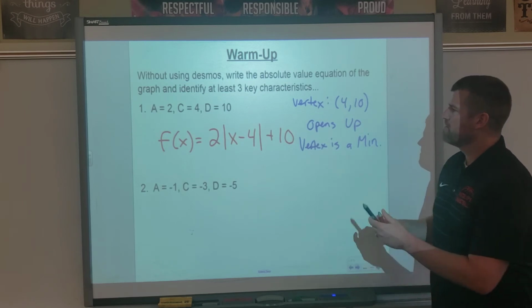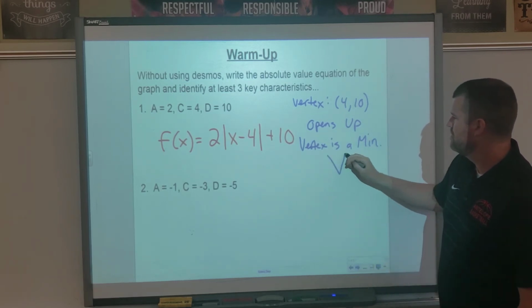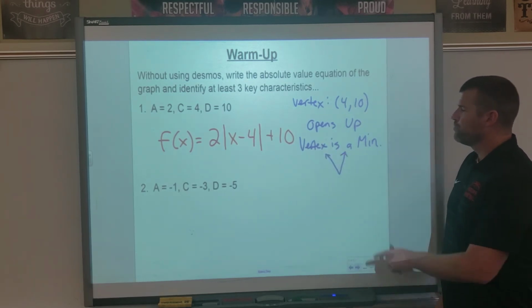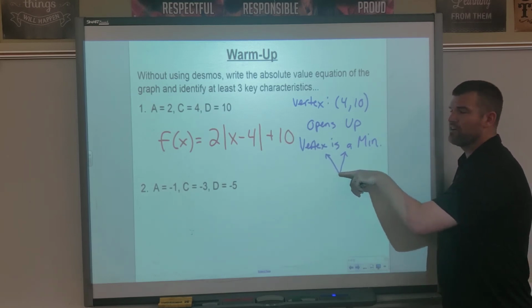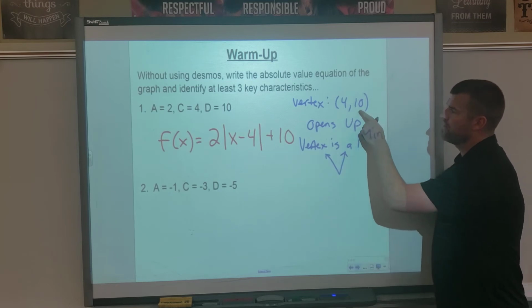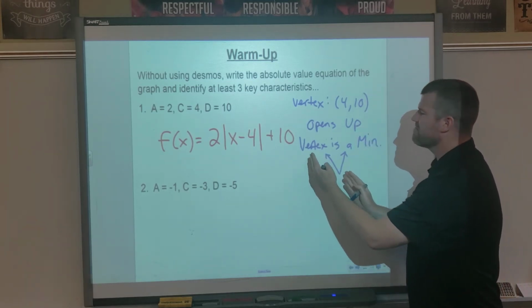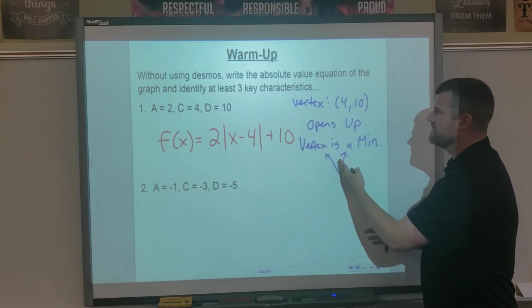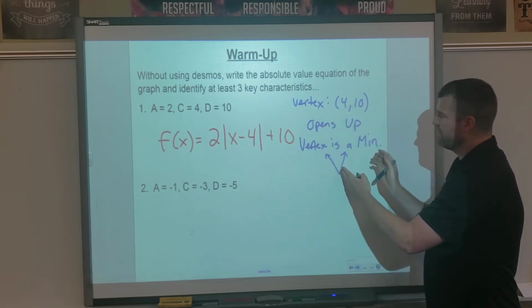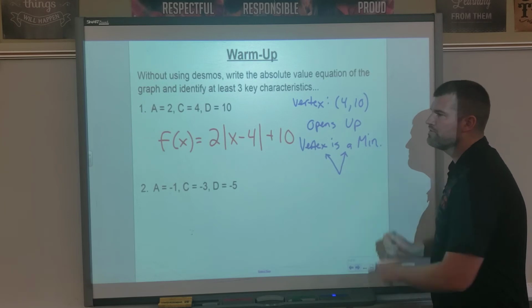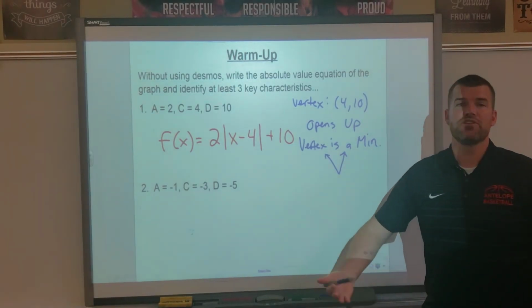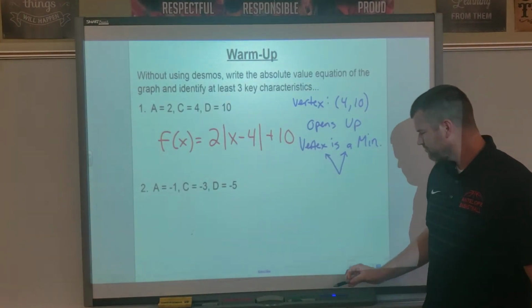We know that because it opens up, our range would be y is greater than or equal to 10. We would know that the interval of decrease would be from negative infinity until 4, and then the interval of increase would be 4 to infinity. So we actually know quite a bit. We know the domain would be all real numbers.